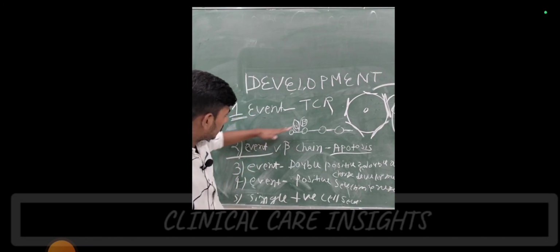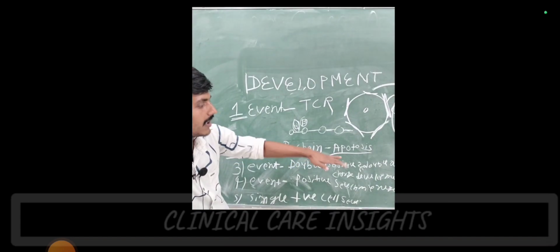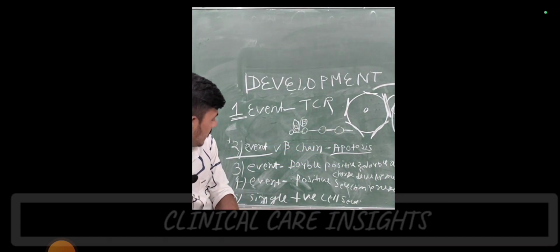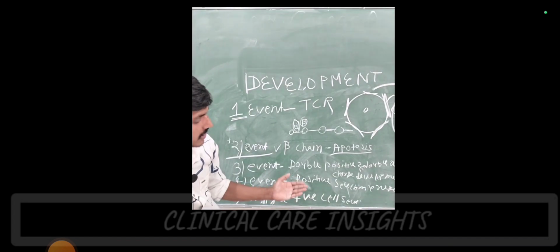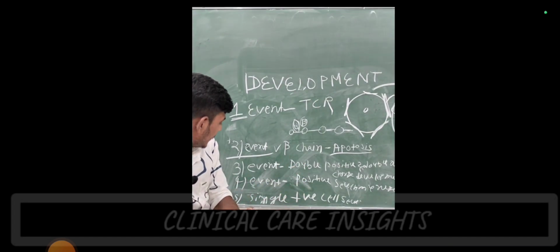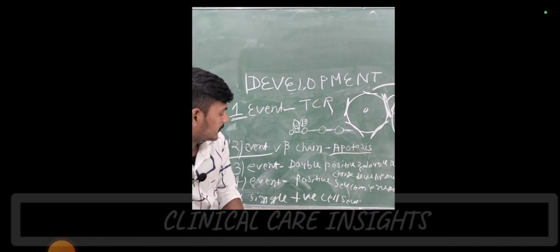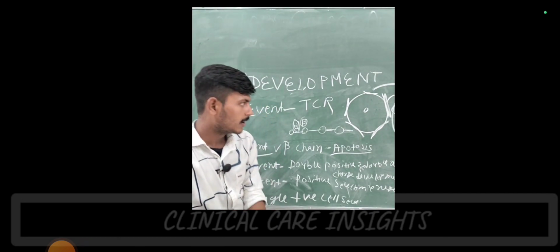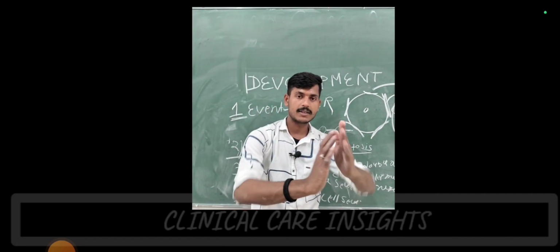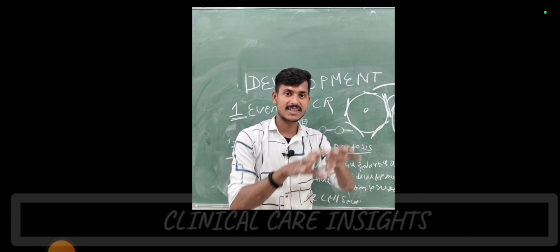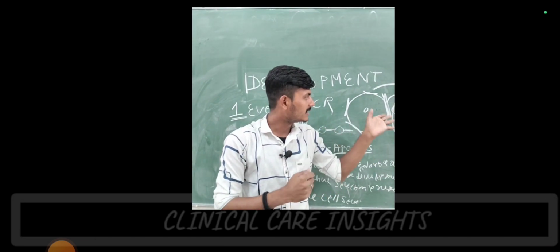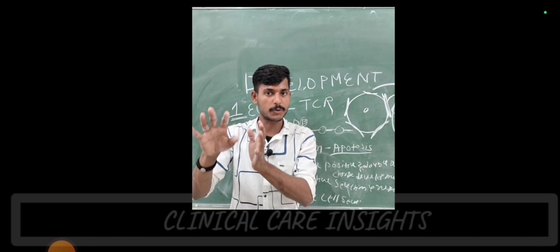Then there is again a selection of double positive and double negative charges. In the fourth event, there is positive selection and negative selection, and in the fifth event, there is single positive cell selection, which means they make T cells either CD4 positive or CD8 positive.